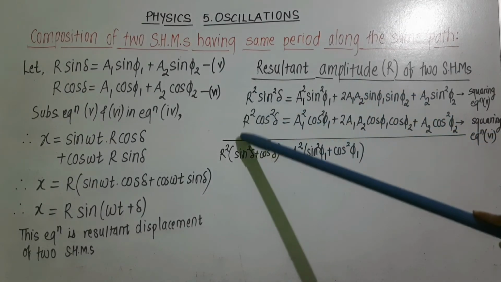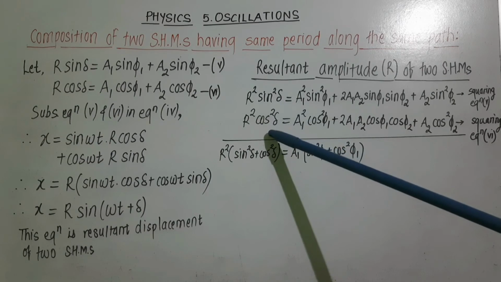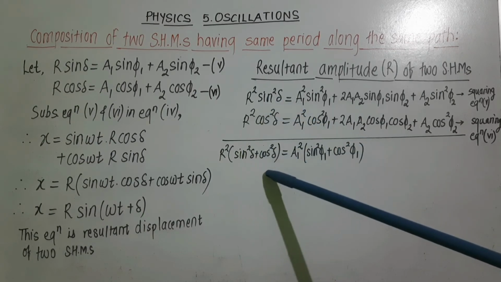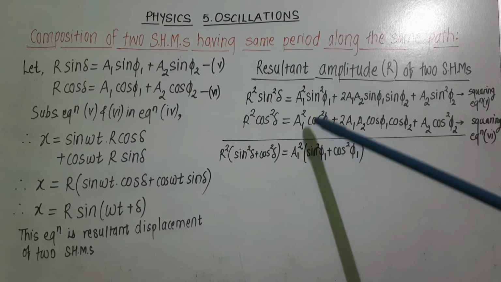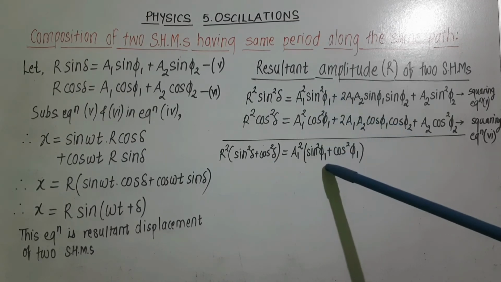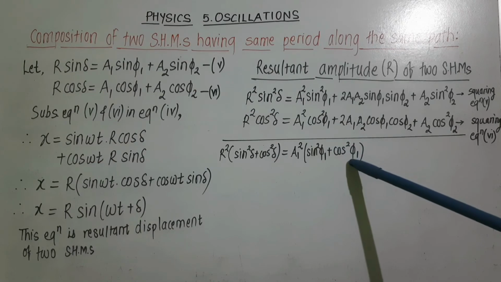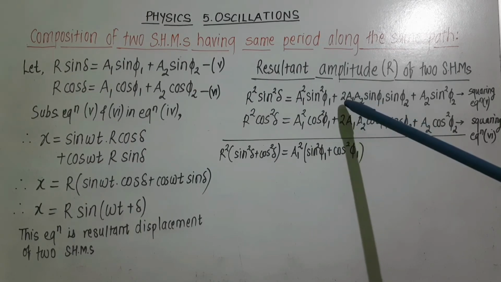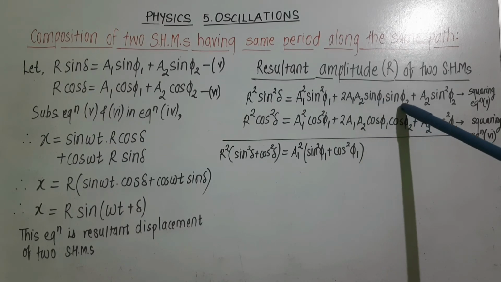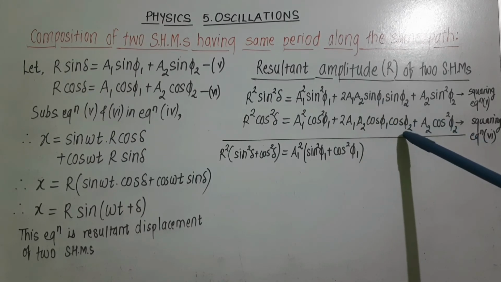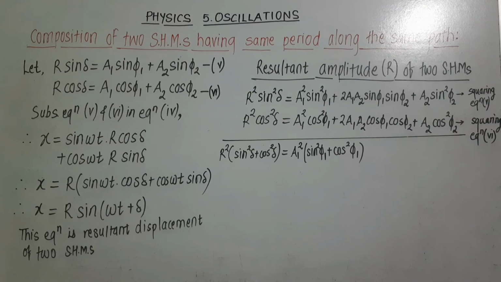See, R square is common, sin square delta plus cos square delta. Here in the addition, A1 square is taken common, sin square phi 1 plus cos square phi 1. Now here we will take 2 A1 A2 common, and in the bracket we will get sin phi 1 sin phi 2 plus cos phi 1 cos phi 2.